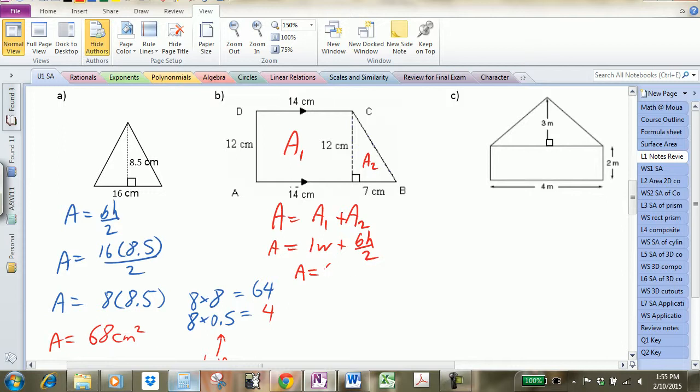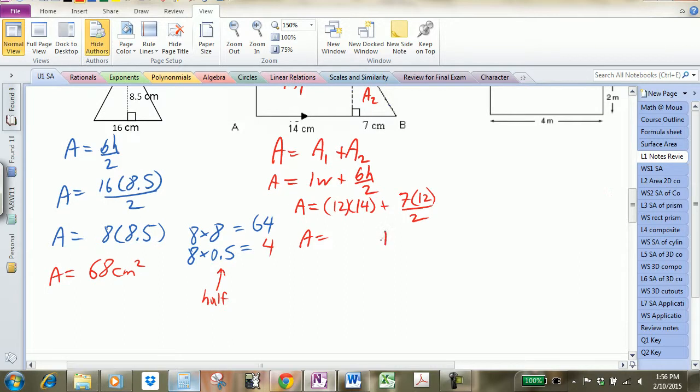So we're going to get 12 times 14 plus 7 times 12 divided by 2. How would you use your calculator? But I want you to find me the 2 numbers first, please. So find me what goes on the blue blanks.